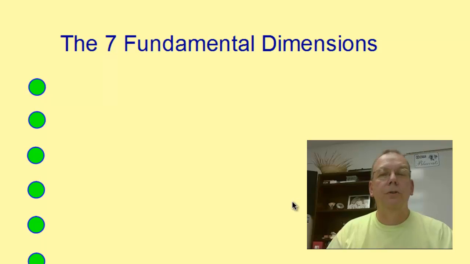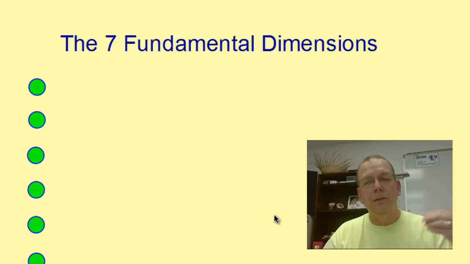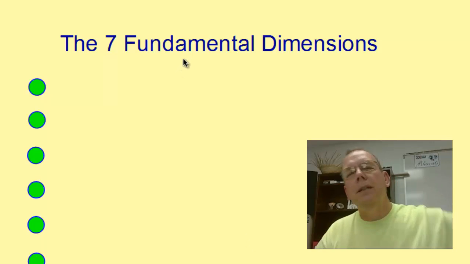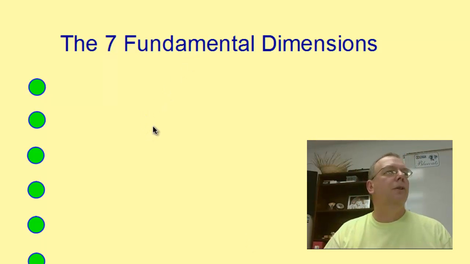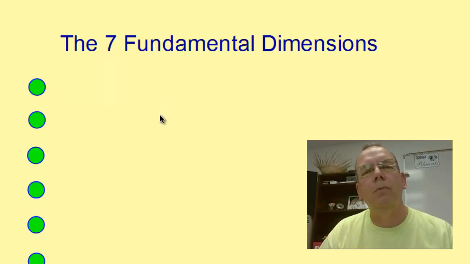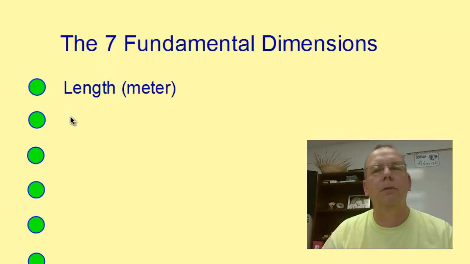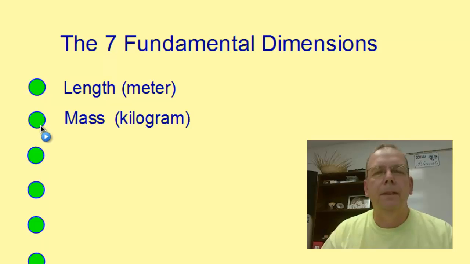Dimensions are just those things that we can measure. I think it sometimes surprises people that all of the things we study in physics, you name the unit and the thing we're studying, can be boiled down to some relationship between 7 fundamental dimensions, and I want to list those for you. The first one is length, simply measuring the length of something.